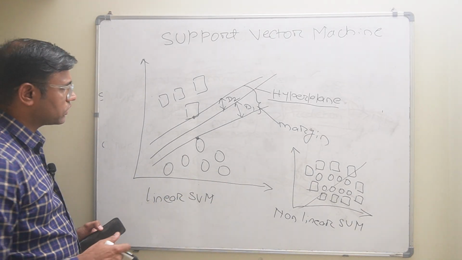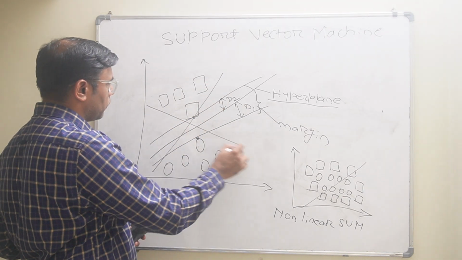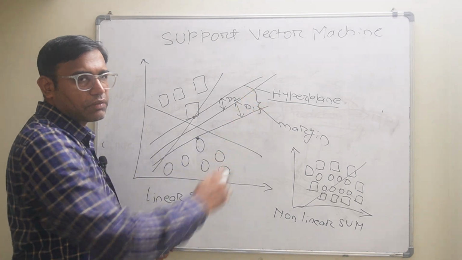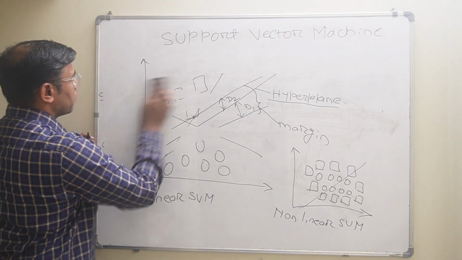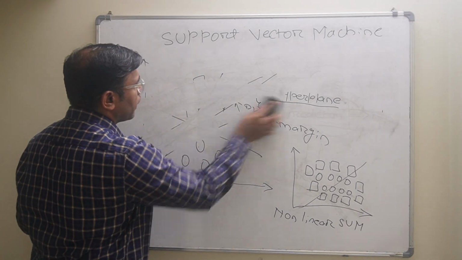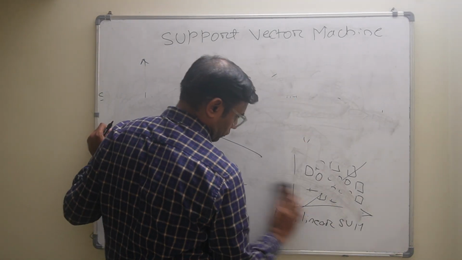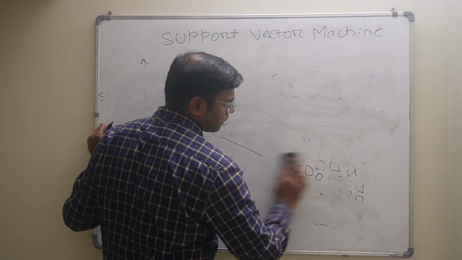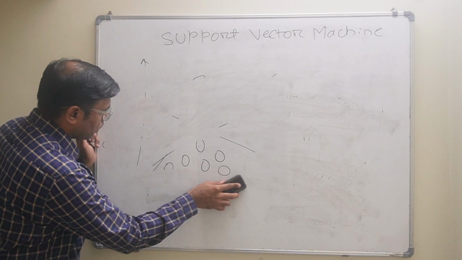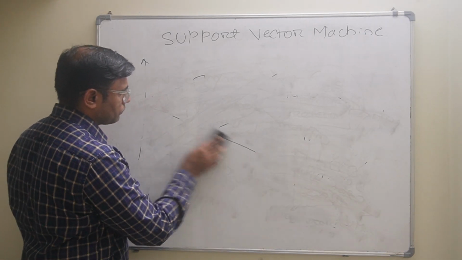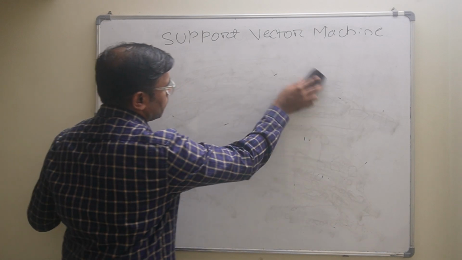Okay, now the next question is, we can draw this type of line also, we can draw this type of line also. So why do we draw this type of line? The answer will be in the next diagram. I will draw the two diagrams and I will tell you what the difference is between the margins, how to select the margin, and what is the importance of margin in SVM. So let us see the two diagrams again.